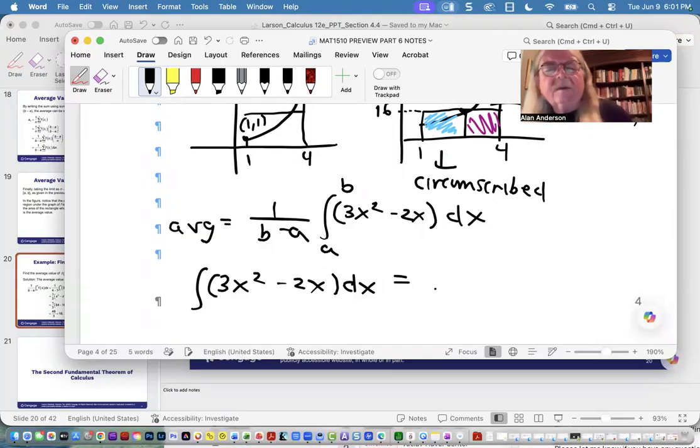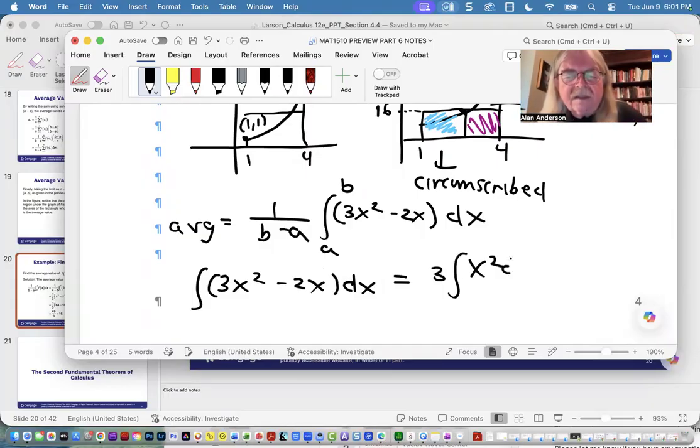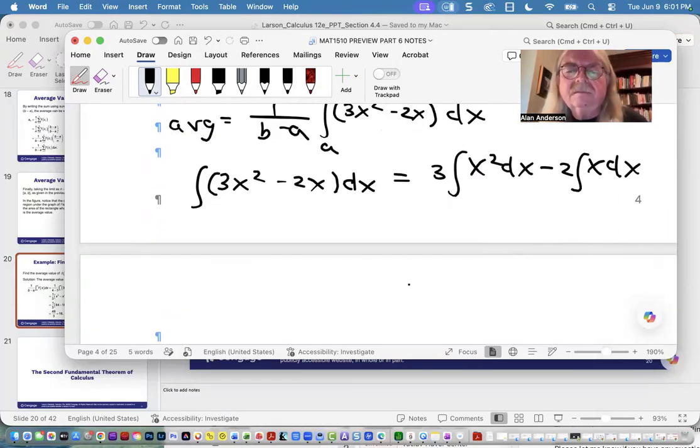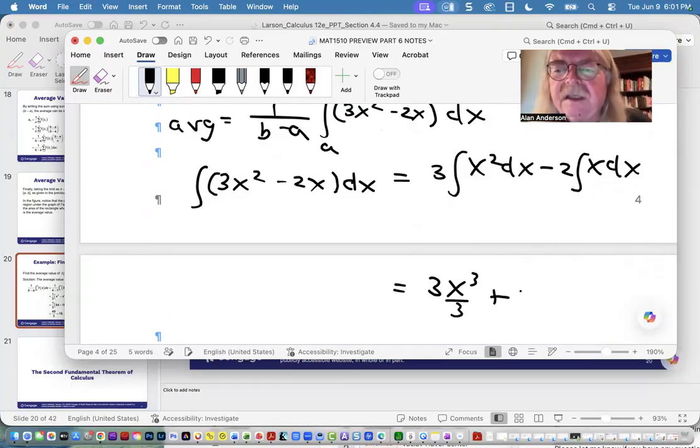And there's a couple of ways we could do this. We could rewrite it as 3x squared dx minus 2x dx. Apply the power rule. I'm not going to put in the c's because we're actually going to end up using this with a definite integral.